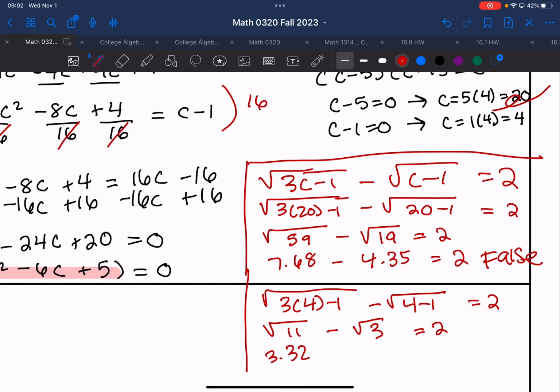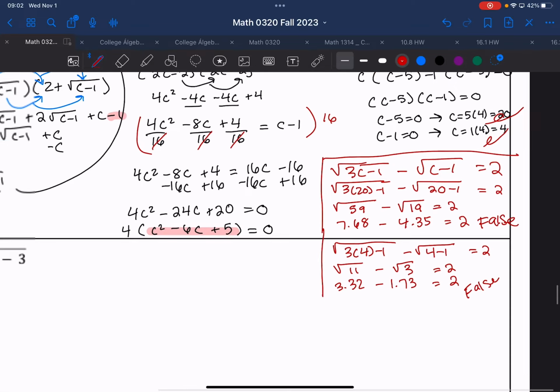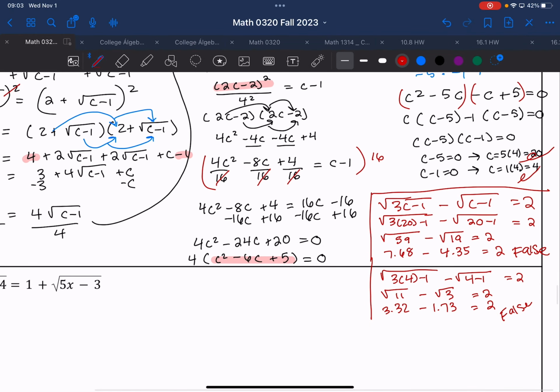The square root of 3, which is 1.73. Is that going to give us 2? No, it's going to give us a decimal around 2. So again, this is false. So that means the answer to this problem is what? No solution.